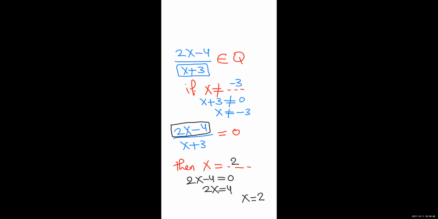Yes. I have a question. How do we know whether the question is about the numerator or the denominator? It will be given like that. If the question is like the first one, he will put that the number belongs to Q, and he will put a square in the denominator.